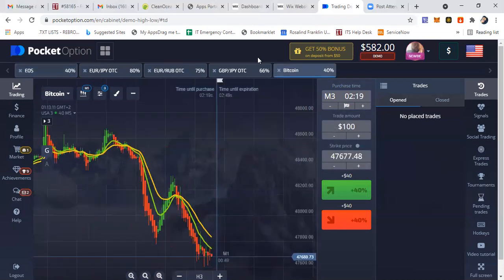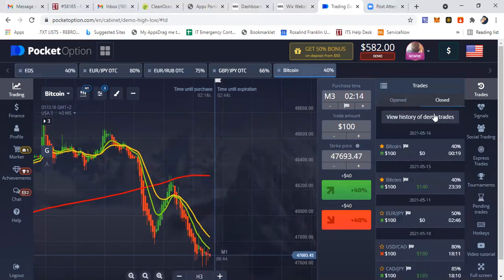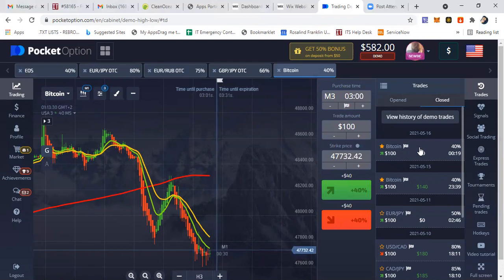So you see earlier I took a trade with Bitcoin. This trade right here was a loss, and it was not of my doing. If anybody's working on Pocket Option, for some reason they'll remove a pair for a period of time and put it back.